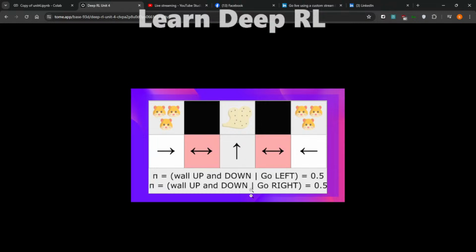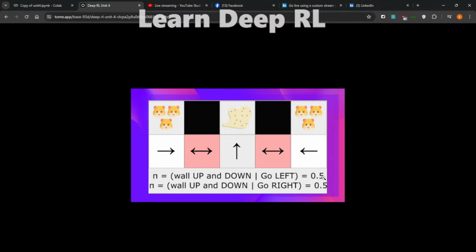If you keep on exploiting here, you're never going to go get this big reward that could potentially be here. Just imagine, instead of these hamsters, it is a larger reward. The hamsters in this scenario are negative reward, but I'm just offering a scenario where there's potentially more reward here. Because you get that probability distribution, and we will take random actions based on it, you may already handle the exploration trade-off.